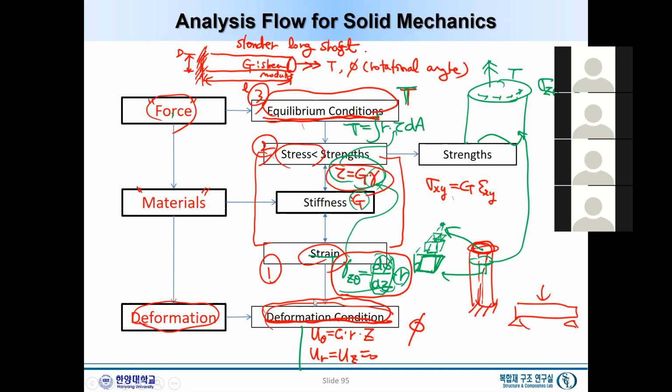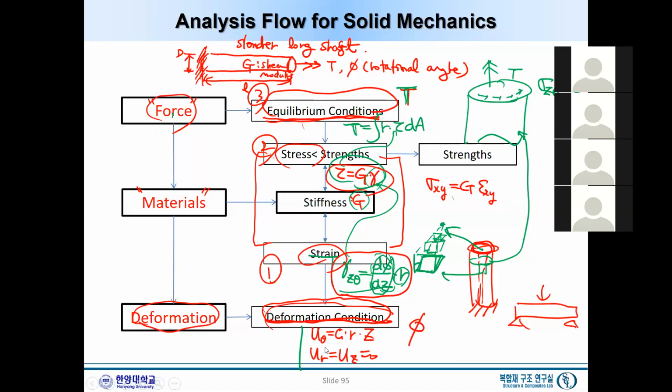And a very important point in torsional theory is that we start with deformations, as in beam theory. In other words, we define what kinds of deformation we would have in torsion under torque.